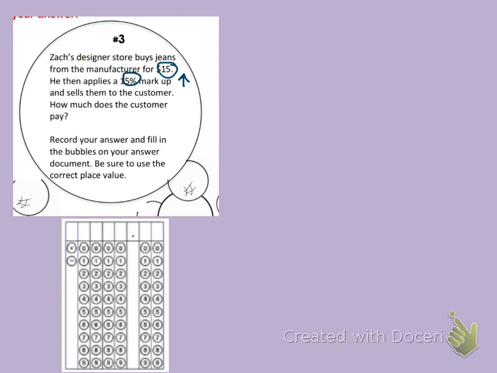And the original cost, so this is right here, original cost. Okay, so we know the original, and remember, original always goes on the bottom of our proportion, equals 15% is how much they marked up, so that's 15 over 100, and so we're looking for that new cost.